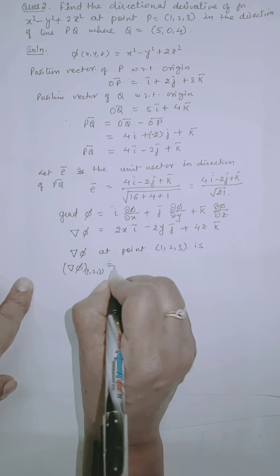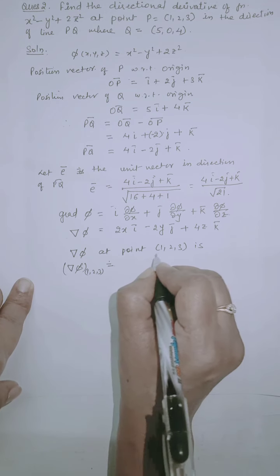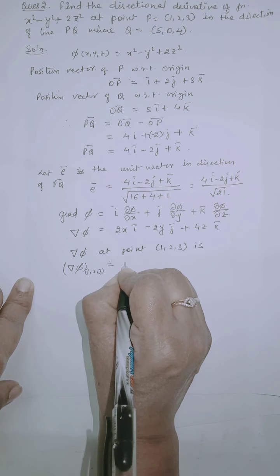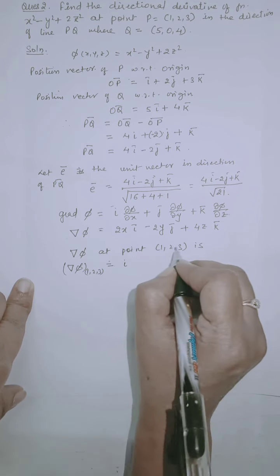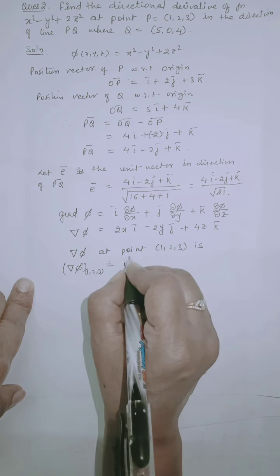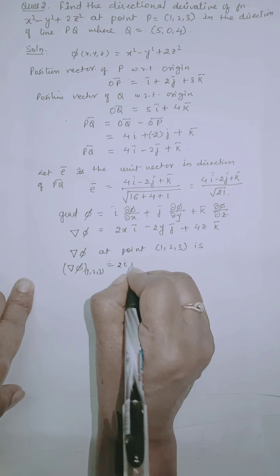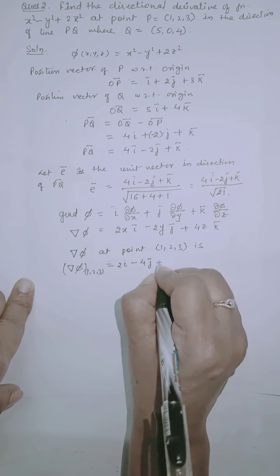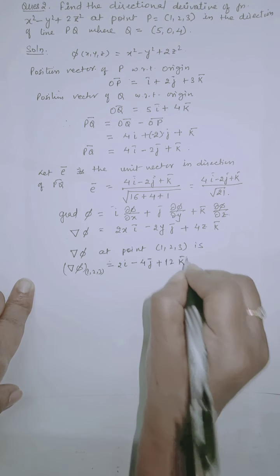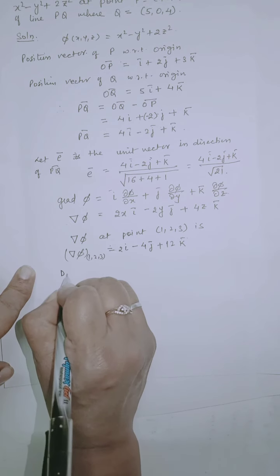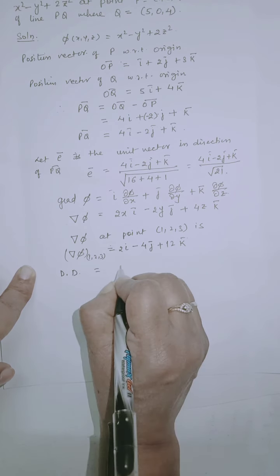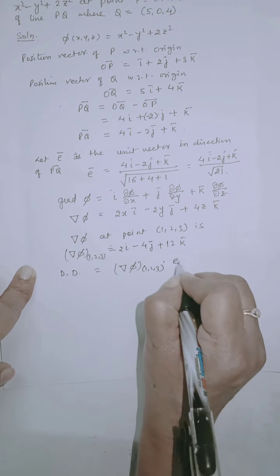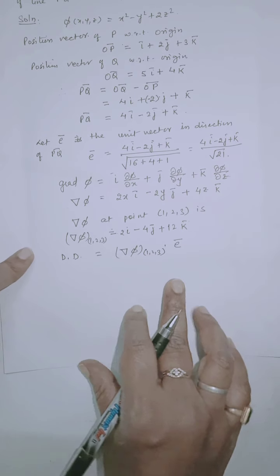So what you have is 2i minus 4j plus 12k.